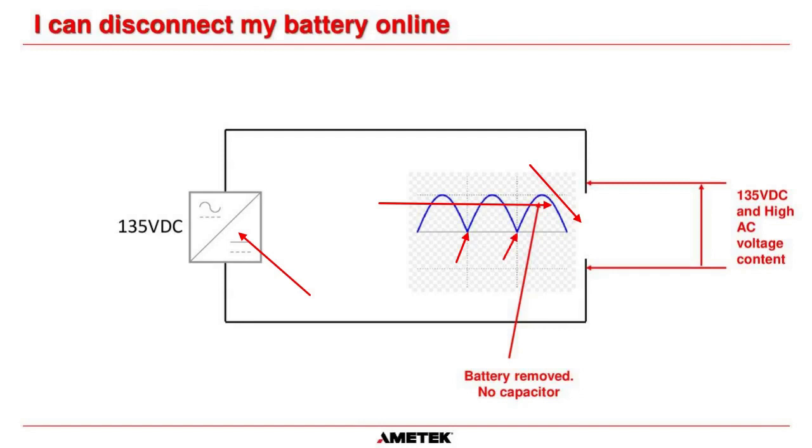Because it's not full DC anymore, some of your load circuits may drop out. Also, the peak of the waveform is higher because there's no capacitance, so that peak may cause some overvoltage damage to some of your equipment as well.